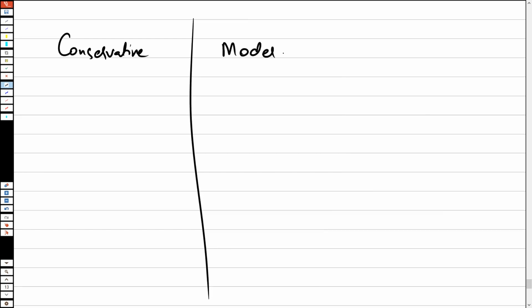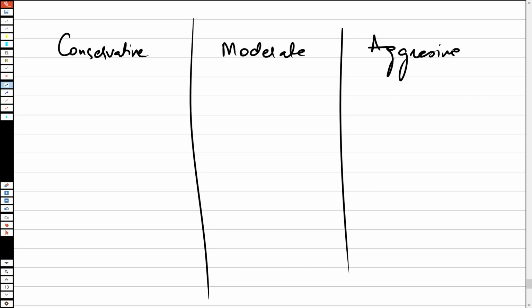One of them is called conservative policy. The other one is called moderate policy. And the third one is called aggressive policy. Now, what exactly is the difference between all these three?